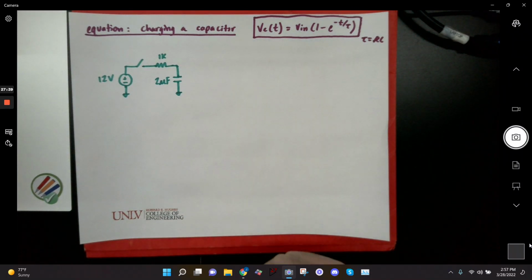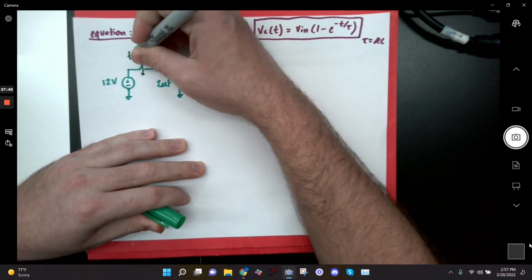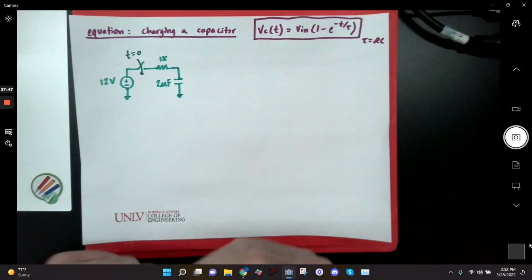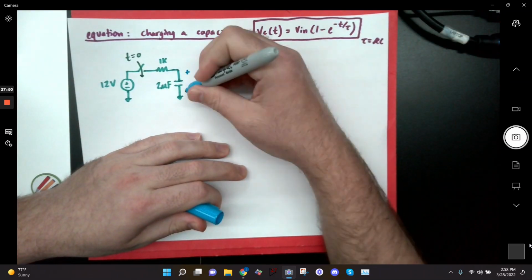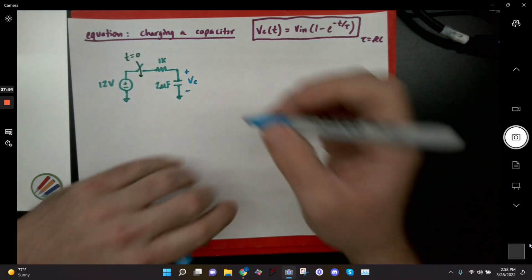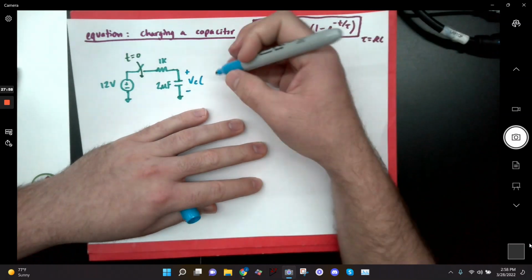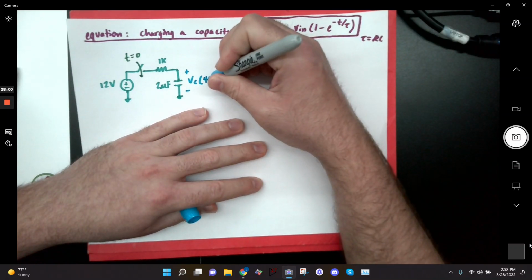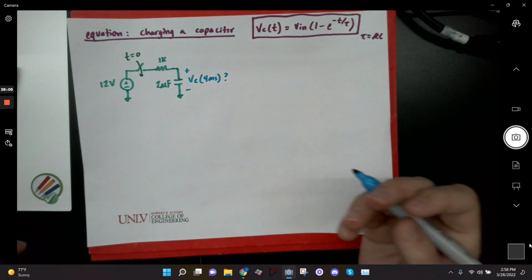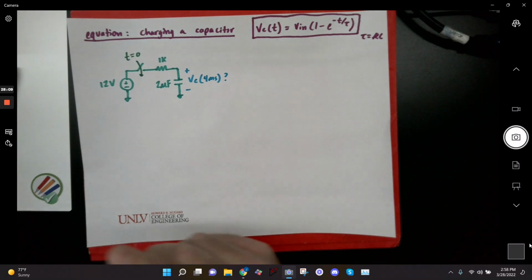And I say that this switch closes at t equals 0. And I want to know, what is my capacitor voltage? Let's say at, I don't know, 4 milliseconds. What is the capacitor voltage after 4 milliseconds? Like, this is a potential question.